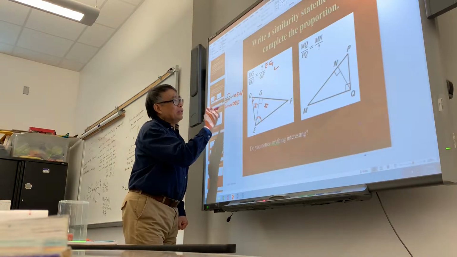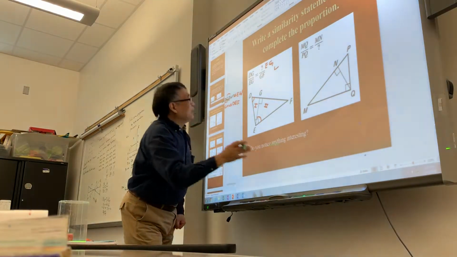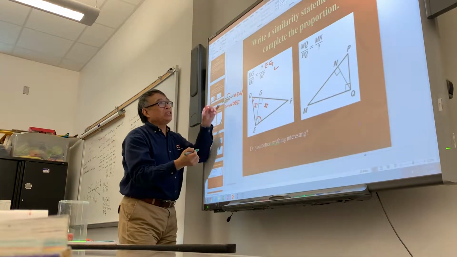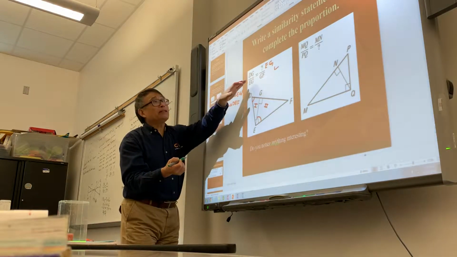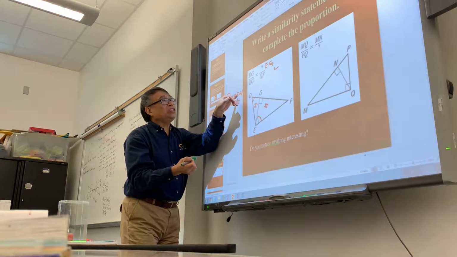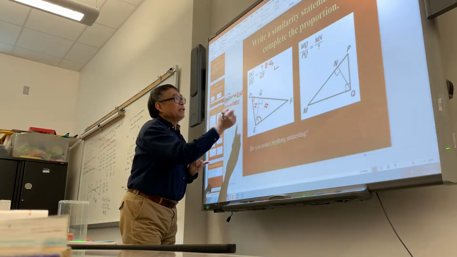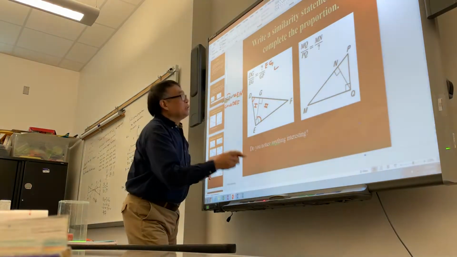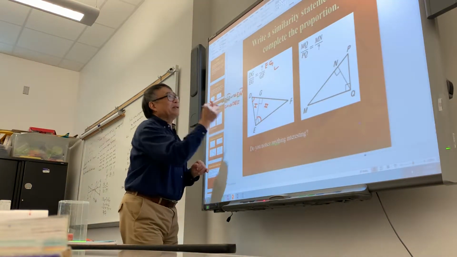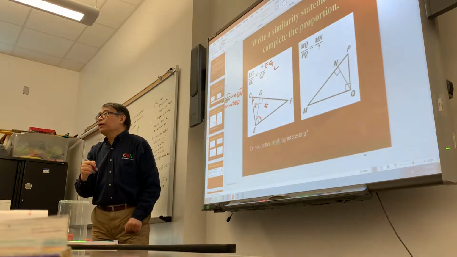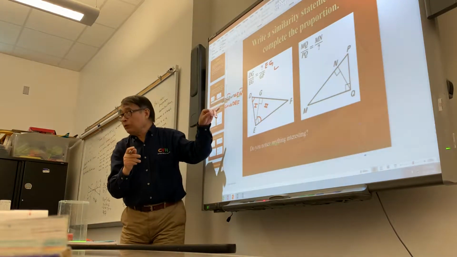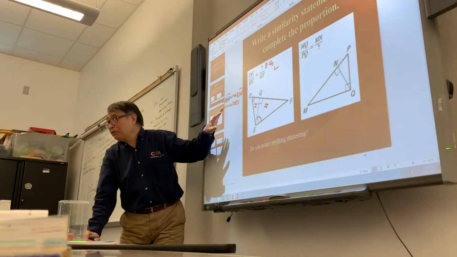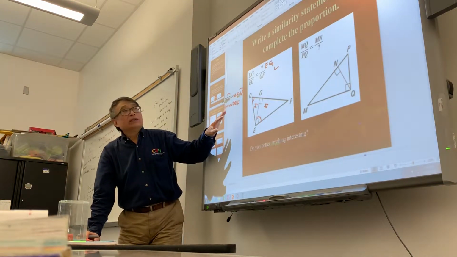DG is on the top, EG is on the bottom. So EG should be on the top, and GF should be on the bottom. Do you understand, please? So if you use the textbook way, you have to do it this way.